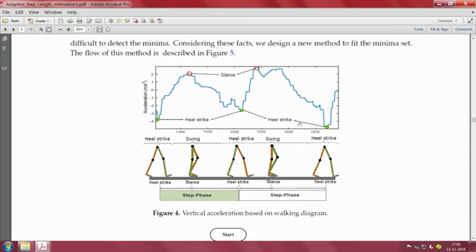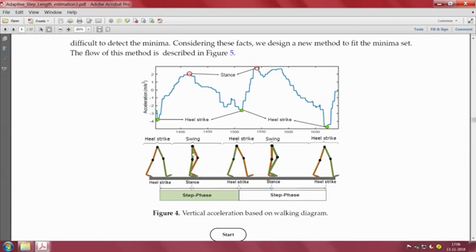X axis is time and y axis is acceleration given in meters per second square. The results that you see are essentially that whenever there is a heel strike, it is the minimum, and whenever you go to stance, it goes to the maximum. Why?